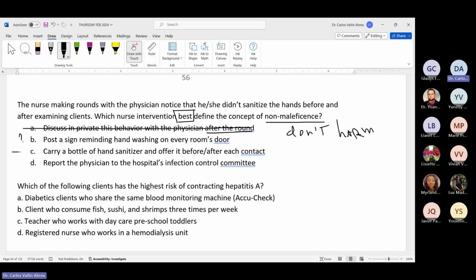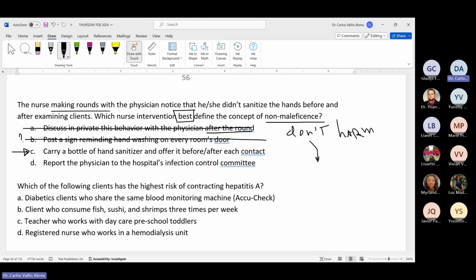So it sounds much more proactive, and it is much more probable that this intervention will prevent the bacteria on the hands from going to the client, because alcohol is going to sanitize the hands. So it sounds much more efficient, more proactive than just posting signs to see if the physician gets the indirect message, especially if you are going to post signs after the round has finished.